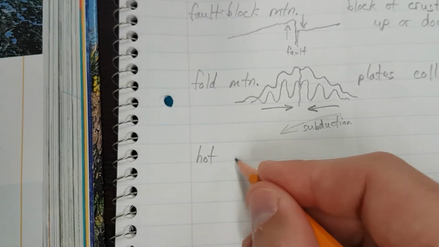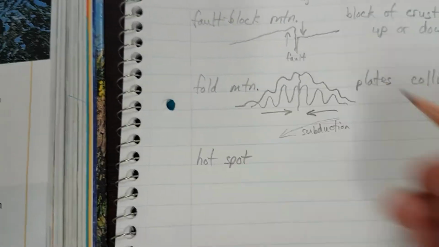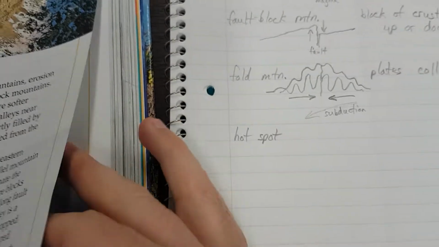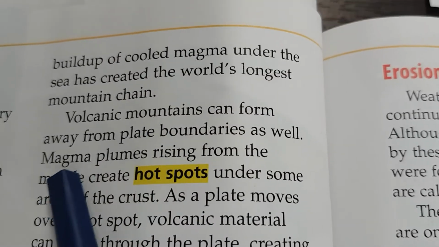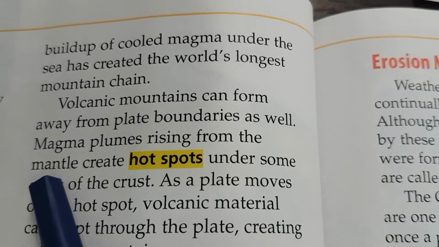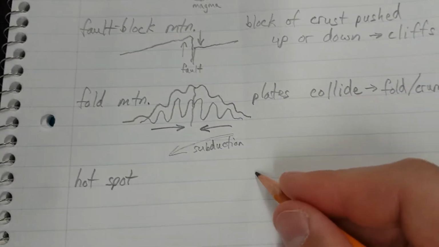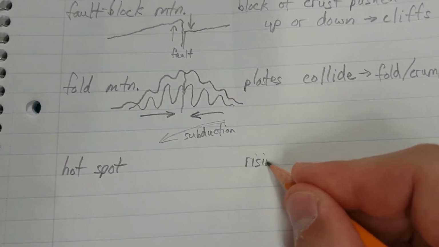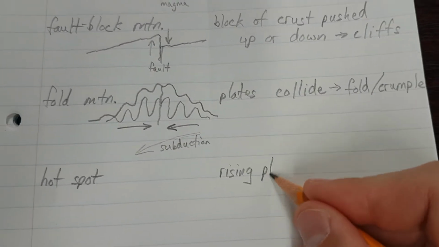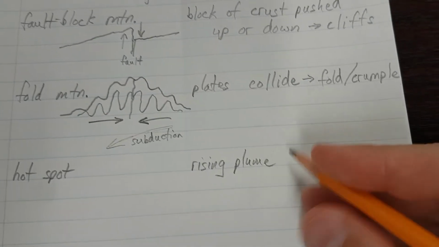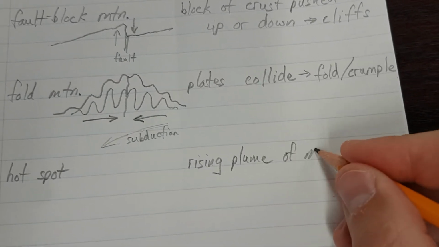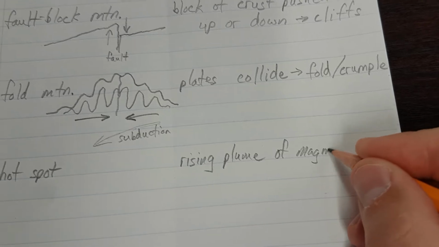Okay, hot spot. No, that's not Wi-Fi. Hot spot. Going backwards, magma plumes rising from the mantle create hot spots under some areas of the crust. So rising plume of magma.